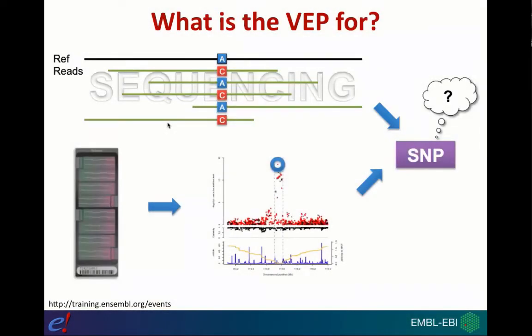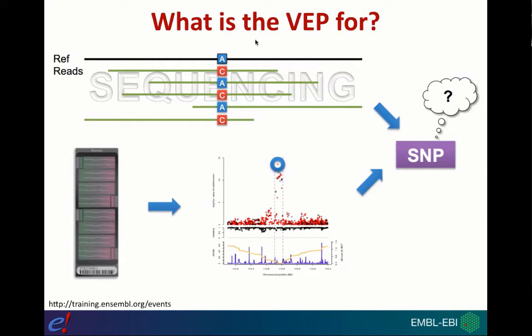So the Variant Effect Predictor, that we affectionately call the VEP, is a tool that allows you to analyze your own variants. So the idea is that you come to the VEP with a list of variants that you've already generated yourself. You might have generated this list of variants from a number of different methodologies.